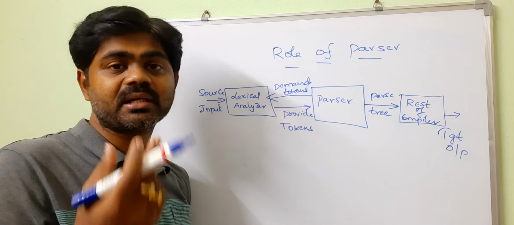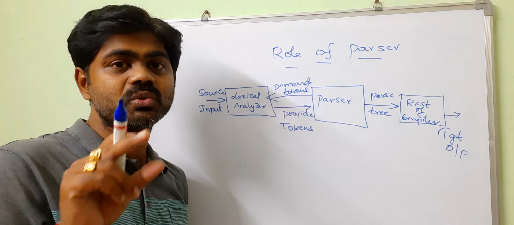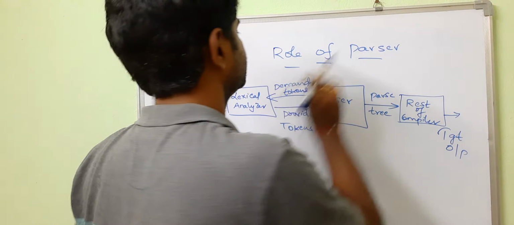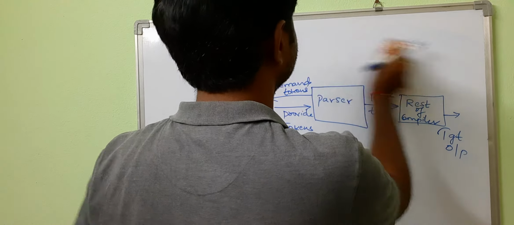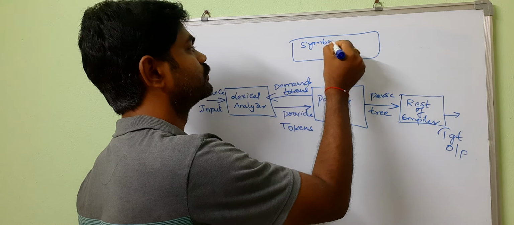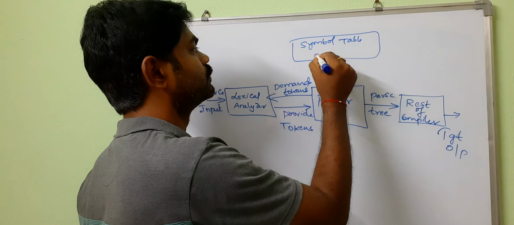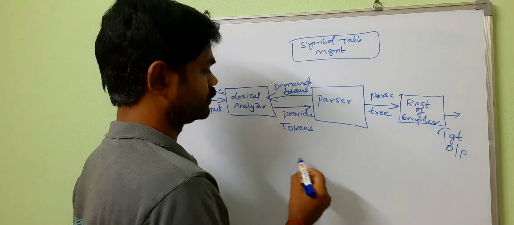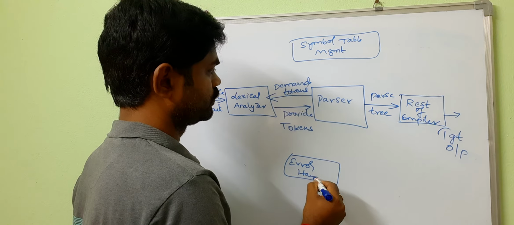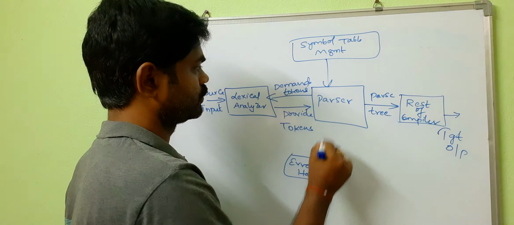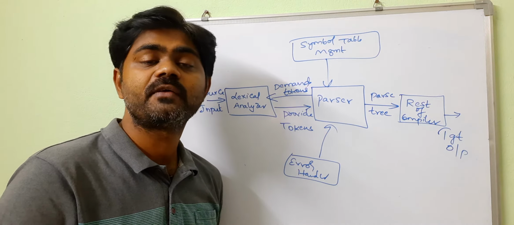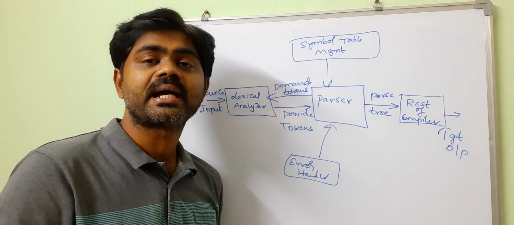What if an error occurs? Remember, in every phase these two are common: symbol table management and error handler. Finally we'll get the target output.